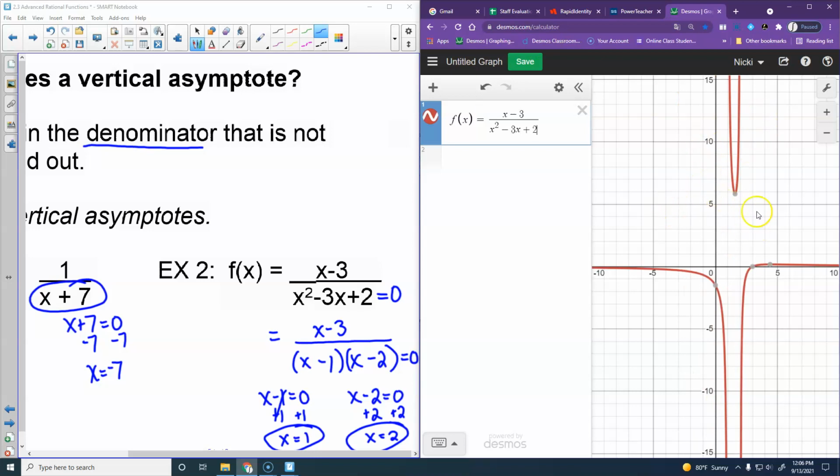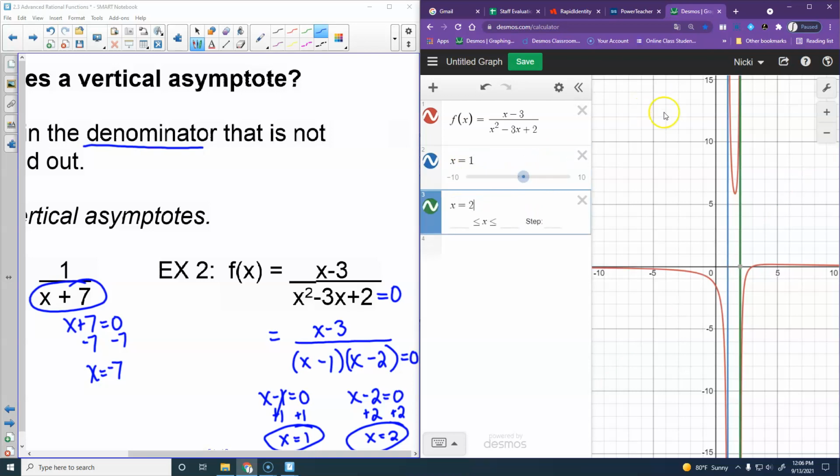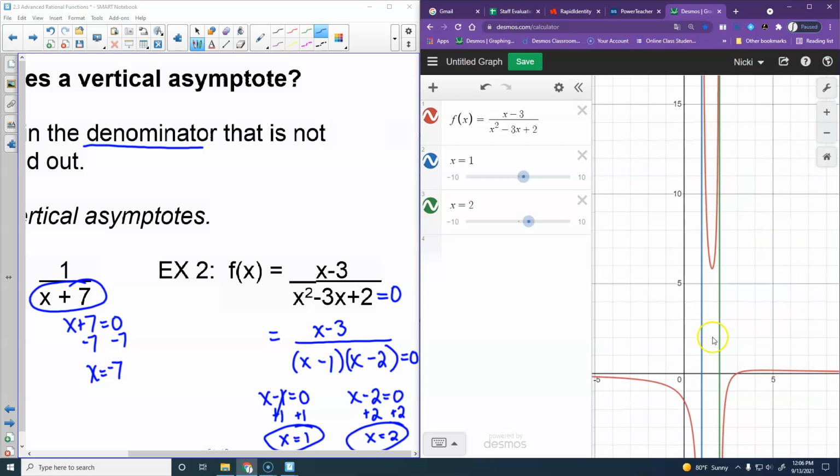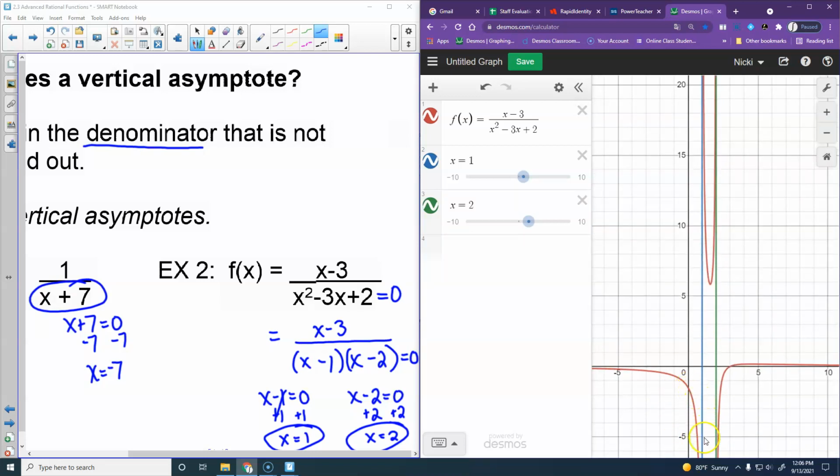And so this is the crazy graph that you get right here. If we type in those equations of our vertical asymptotes, x equals 1 and x equals 2, you can see those are our vertical asymptotes there. Our lines get closer and closer and closer to the graph there. Okay, questions on example 2?